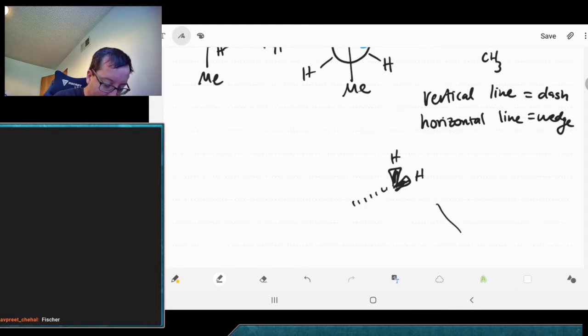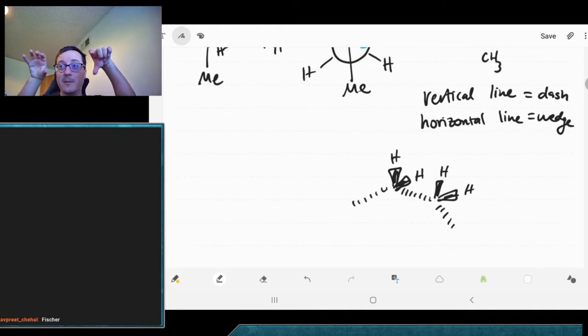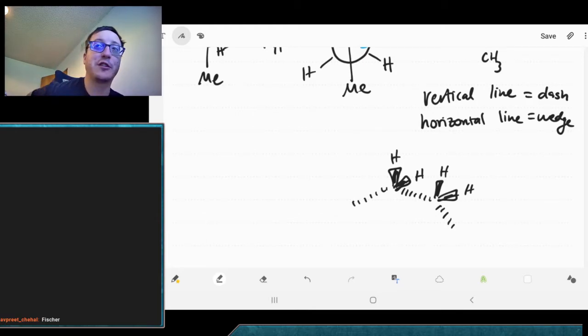It's kind of terrible to do without a model, but suffice it to say we're looking at everything from above. So we have the hydrogen sticking out at us, and all the other carbon-carbon bonds are pointing away from us into the paper. It's, again, more useful for sugars than it is for structures like these, but it's still going to be useful for us to be able to convert in between them.